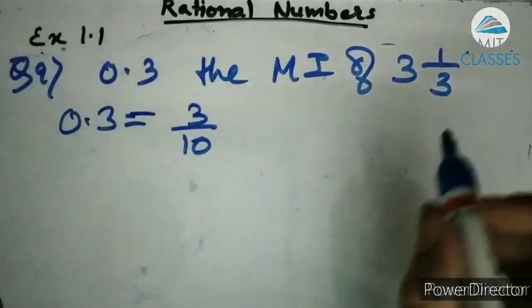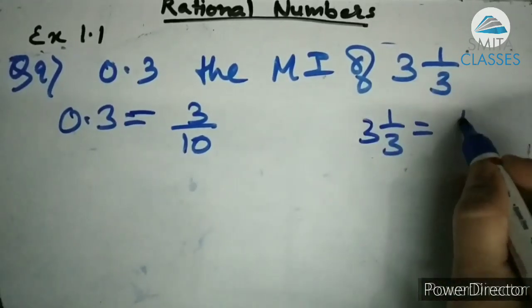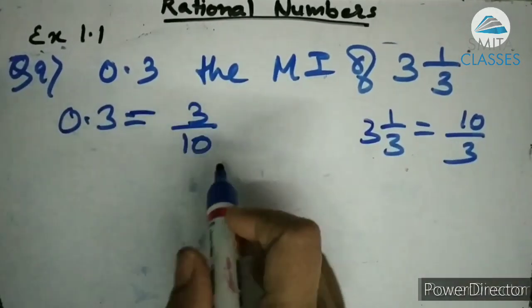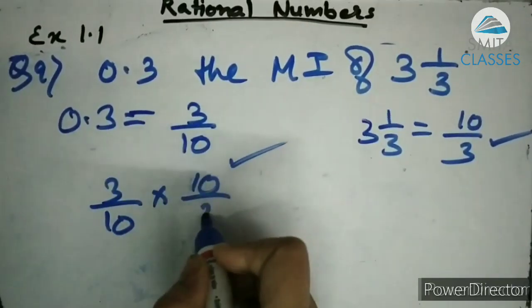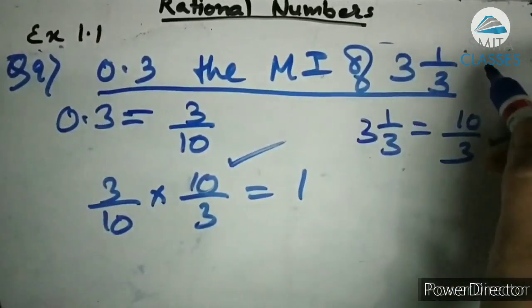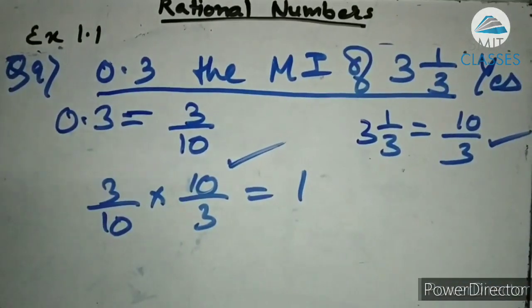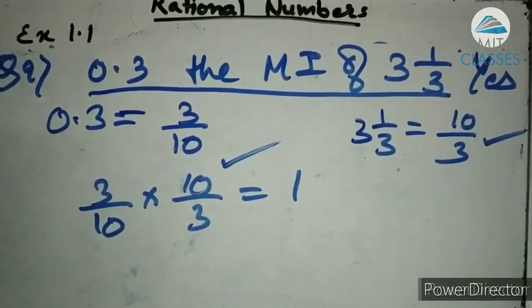And 1 by 3, I can write it as 3 9 plus 1, 10 by 3. And if I multiply both of these numbers, 3 by 10 into 10 by 3, I get the answer as 1. So 0.3 is the multiplicative inverse of 1 by 3. Okay. Now we go to question number 10.